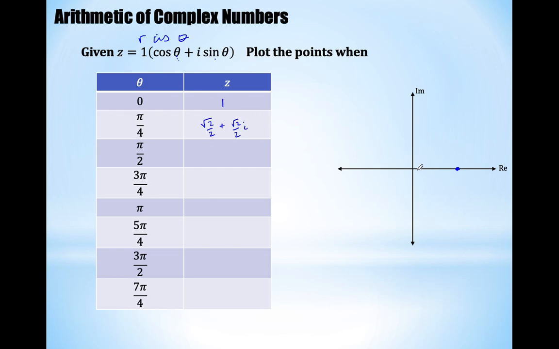So I'm going to go out, pi over 4 and a radius of 1. How about pi over 2? At pi over 2, cosine is 0, right? So this is technically 1 plus 0i, and this is 0 plus 1i.